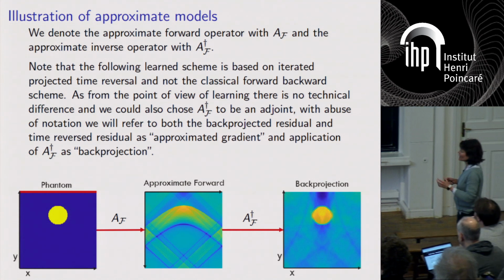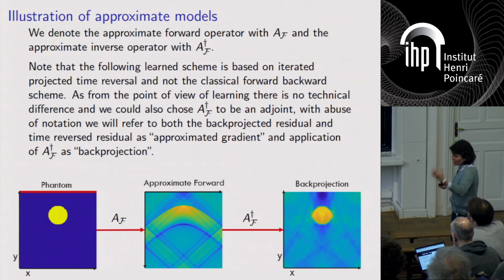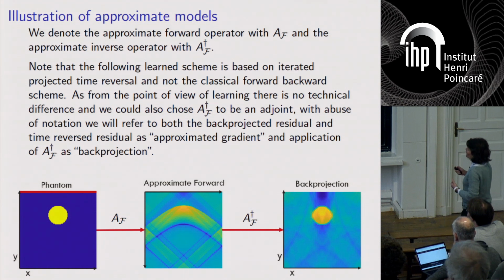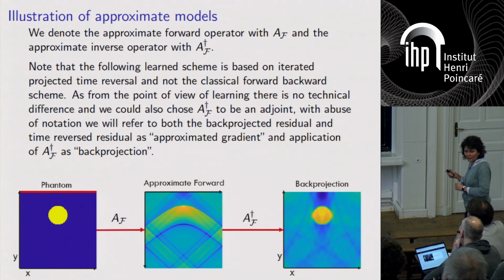So you can do the same with the time reversal. The ideas are based on Neumann series rather than on gradient descent. So I'm not going to make a difference between the two. But the results are actually generated with the time reversal version.